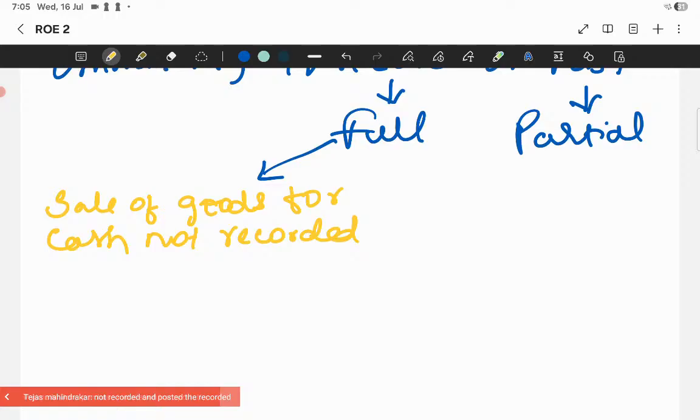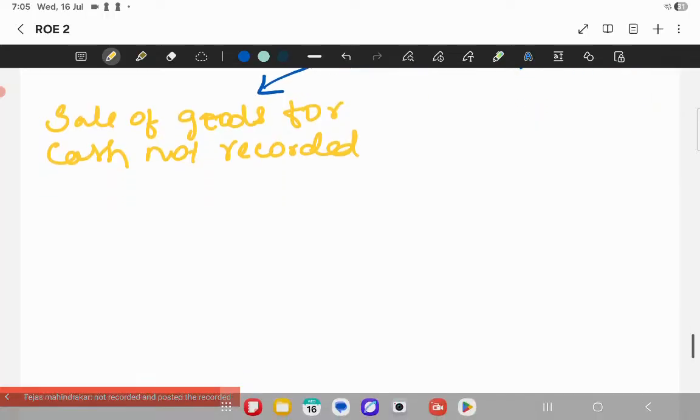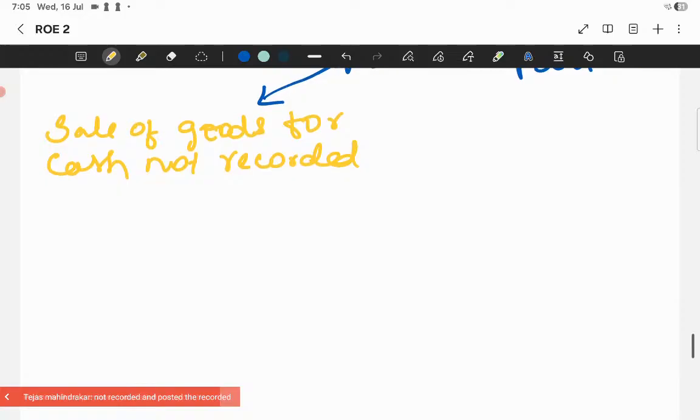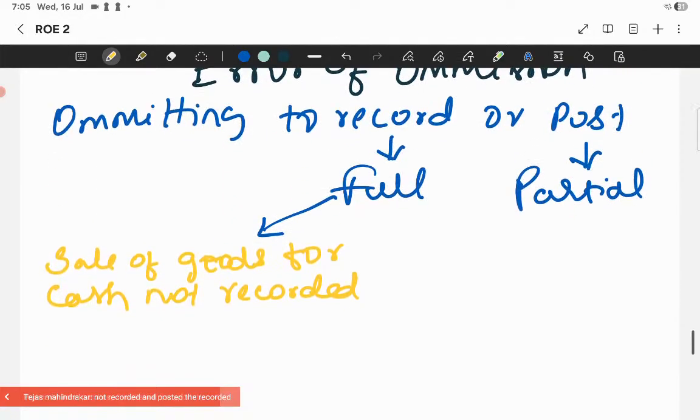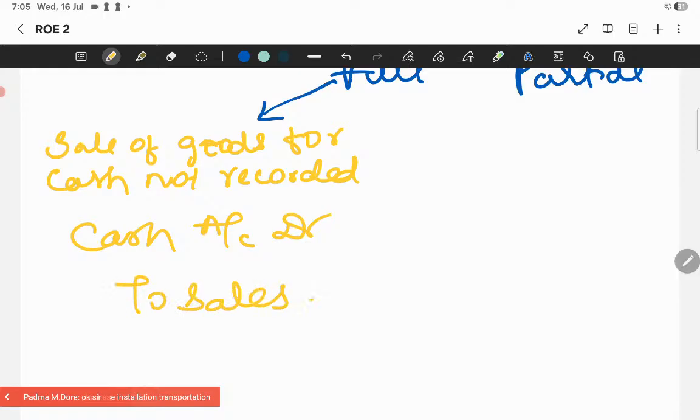Remember, I'm being very clear. That is called full omission. So whenever it is not recorded, it will be full omission. What is the way to rectify? Very simple. You pass a rectification entry of recording that: cash account debit to sales account. This will be the rectification entry. Very simple.